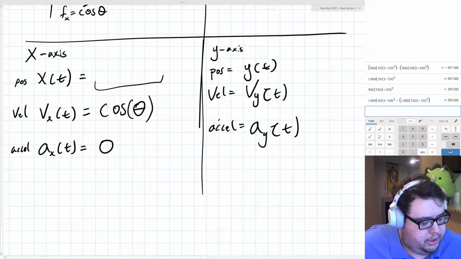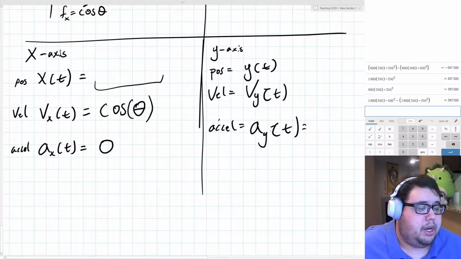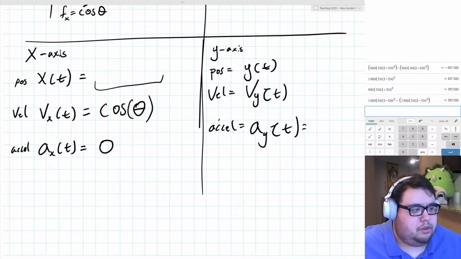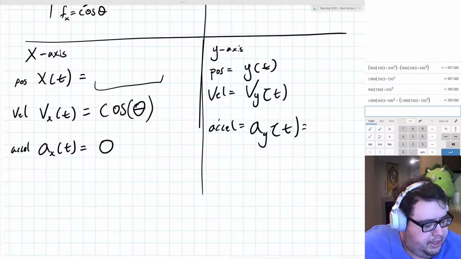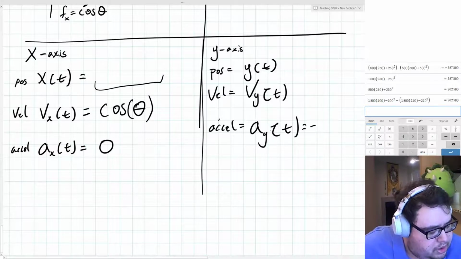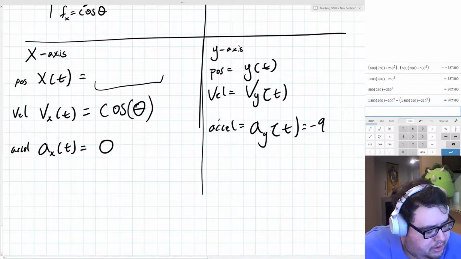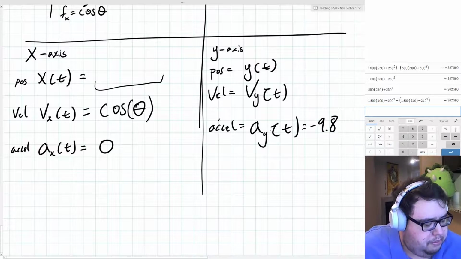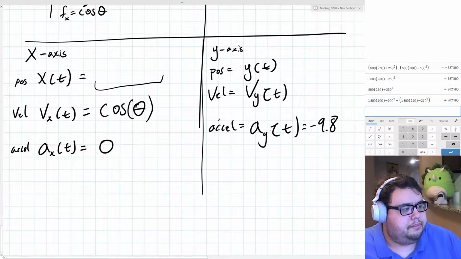In the y coordinates, there is actually a y acceleration. The force of gravity is pulling the projectile downwards. A sub y of t is equal to negative 32, or, well, sorry, we're in meters, so negative 9.8 meters per second squared.